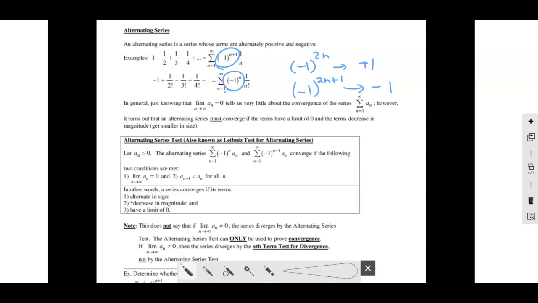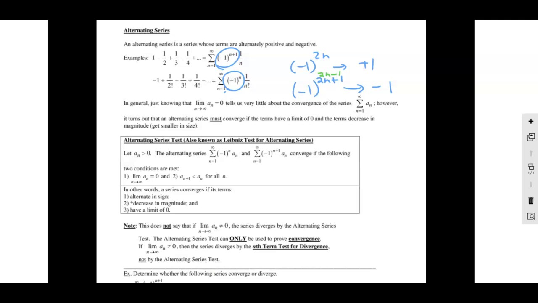And that would work also if I had 2n-1. Both 2n+1 and 2n-1 would always give you an odd exponent, right? 2n is even, but if you go up 1 or down 1 from an even number, that result is always going to end up being odd. And if your exponent's always odd, then that term would always be a -1.